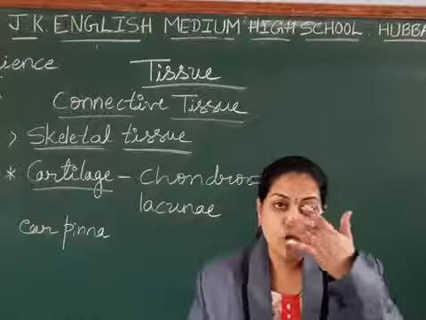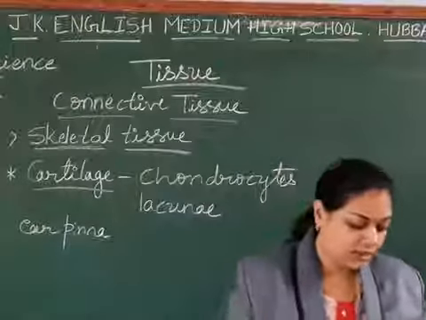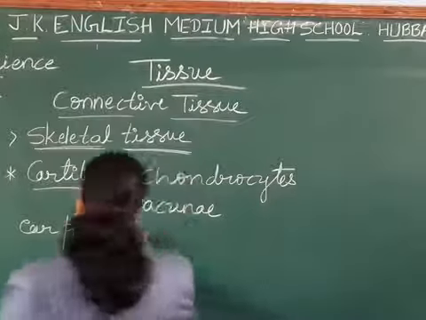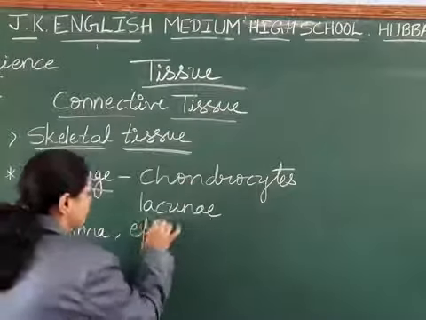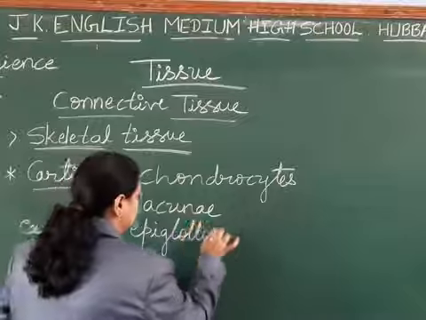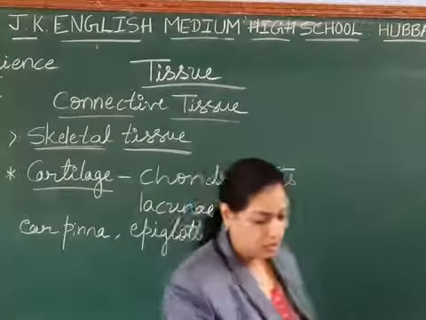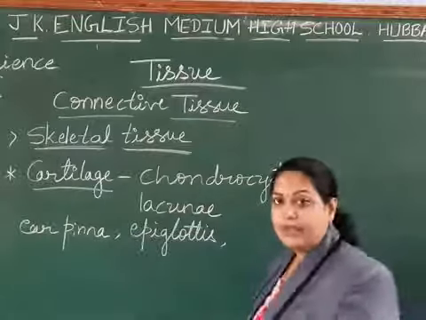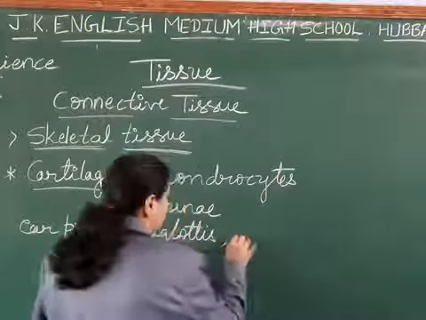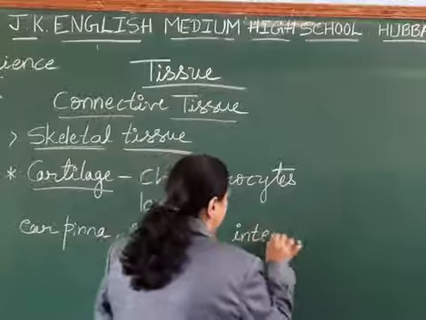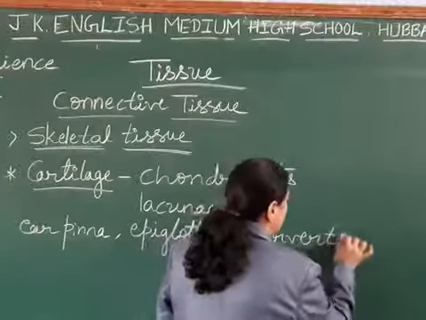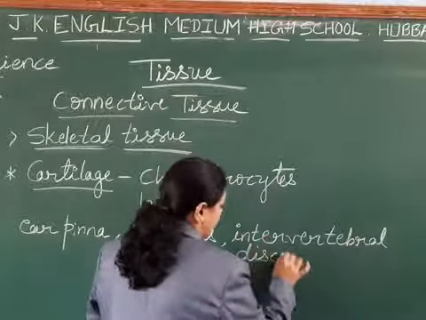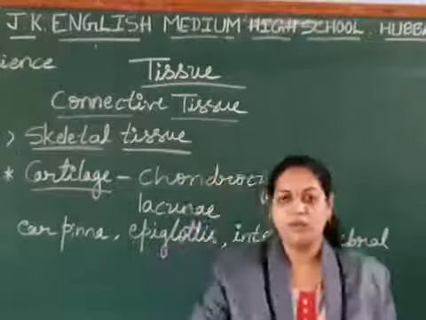It may be in the nose. In the nose we find it, it may be the epiglottis, intervertebral discs. Means what? We have the vertebral column, no?